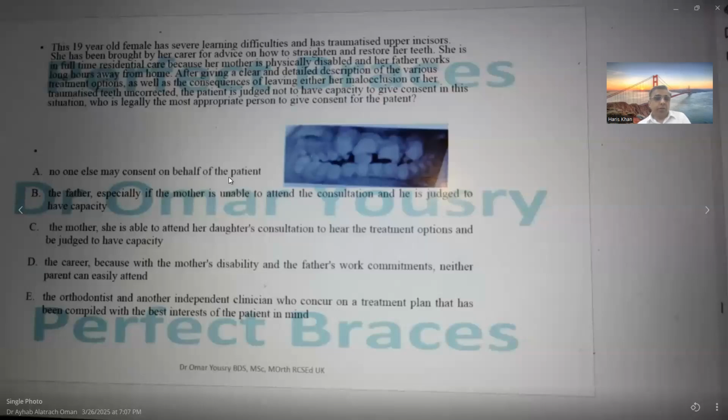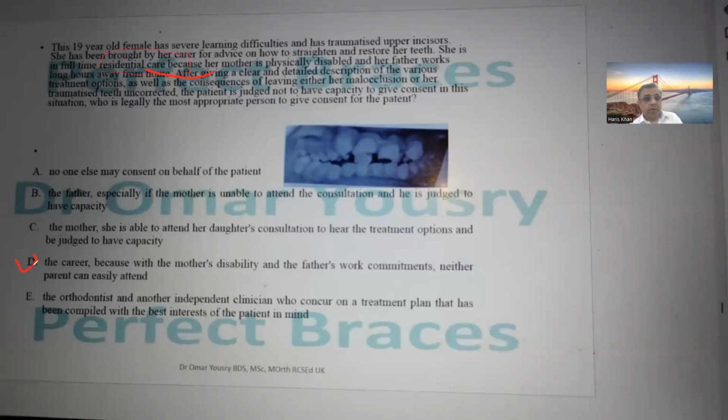So I think, because they mentioned that she's in full residential care, the care provider, maybe also another independent party, from the team in that case can provide the consent.